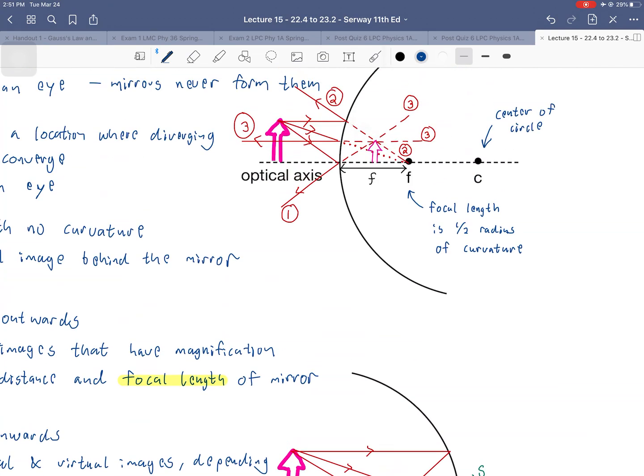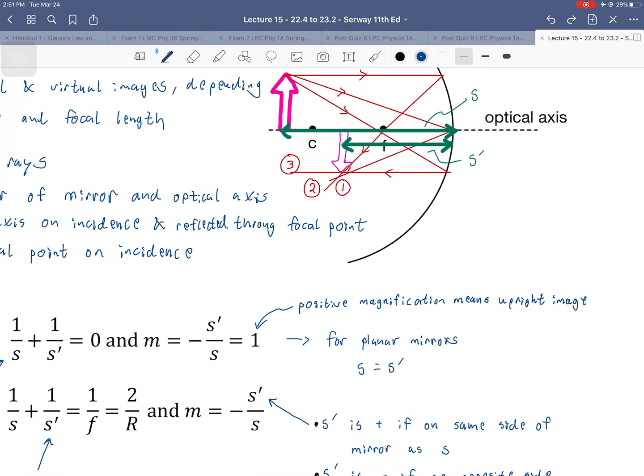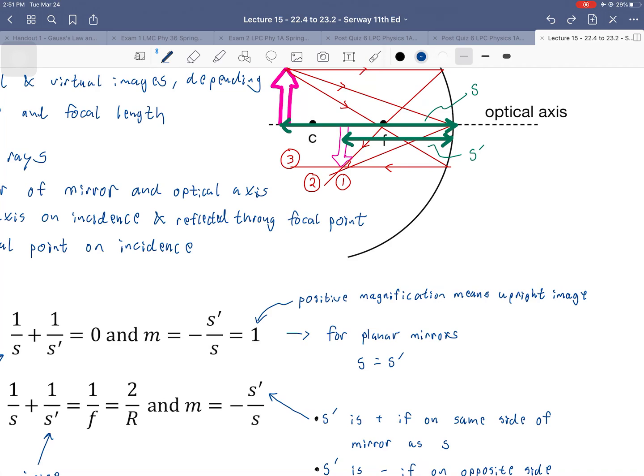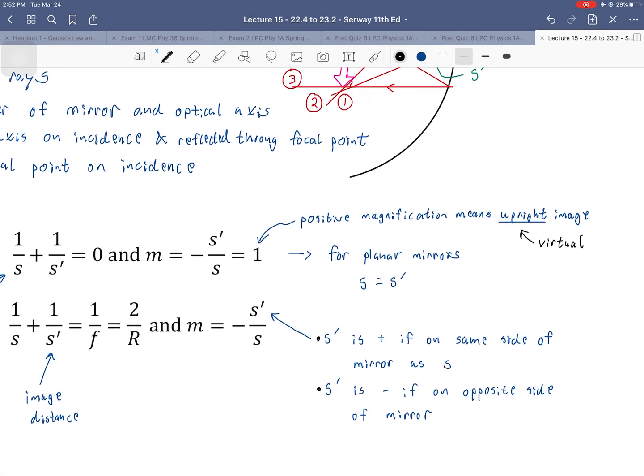Case in point, the convex mirror with its virtual upright image. Okay? But when I say upright, obviously I also mean virtual. Okay? So upright is synonymous with virtual. If the image is upright, it is virtual. If it's inverted, it is real.